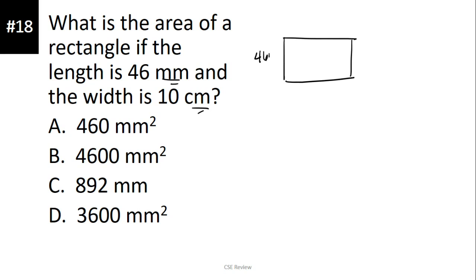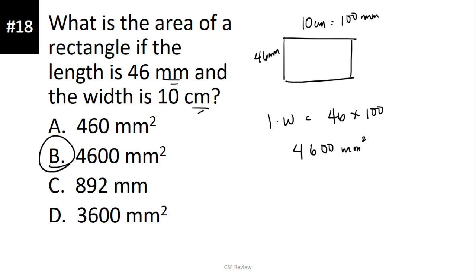So, this is 46 millimeters. Ang 10 centimeters ay equal sa 100 millimeters. At dahil millimeter squared lahat ng mga sagot, ibig sabihin yung millimeter ang gagamitin natin. So, length times width is 46 times 100 or 4600 millimeters square. So, the answer is letter B.